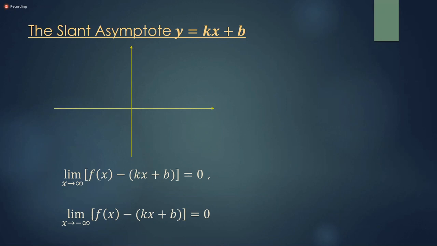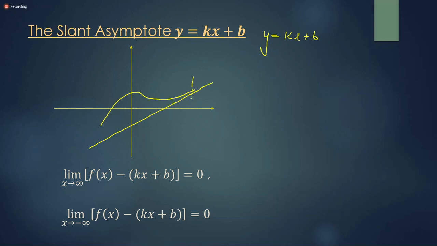By definition, we can say when x tends to positive or to negative infinity, the difference, see, the slant asymptote, of course, is a line, and we can write the line in slope-intercept form. And then what does that mean? The graph of the function approaches the line infinitely close.